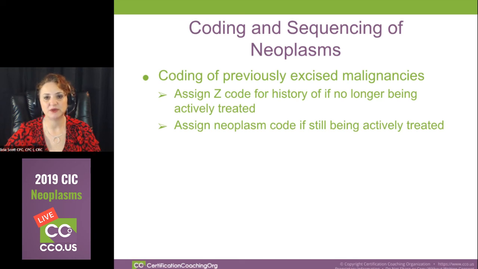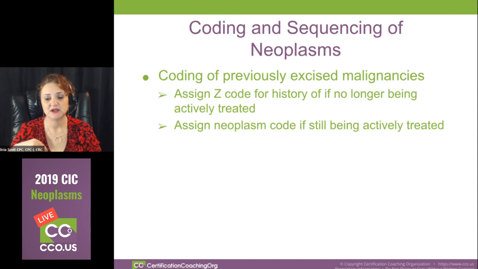They no longer are being actively treated for that cancer. Now, you see a lot of debate on this for tamoxifen given for breast cancer, because breast cancer survivors take tamoxifen for 5 years, but you need to see what your policy is in your facility or with your provider, set that with your compliance.